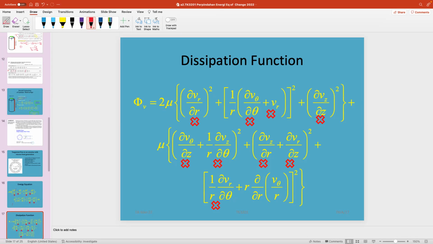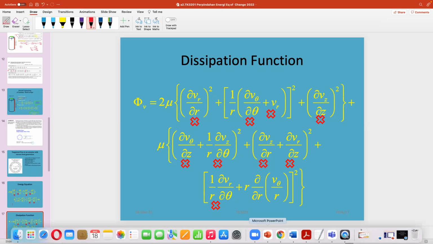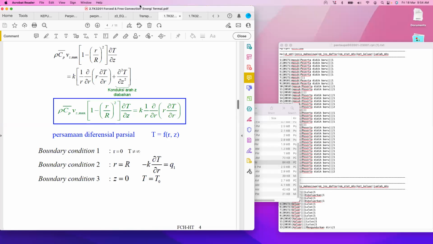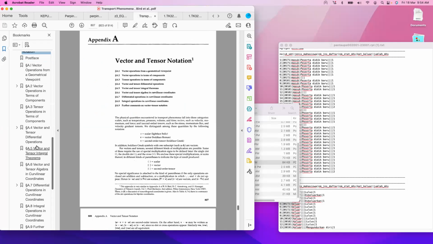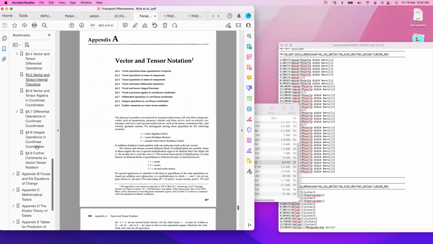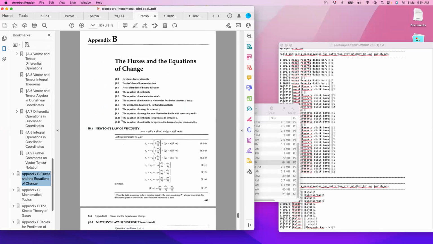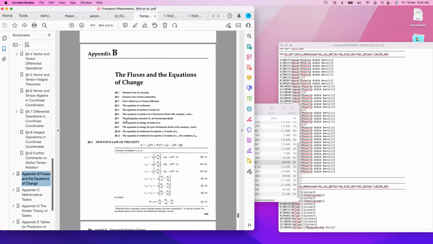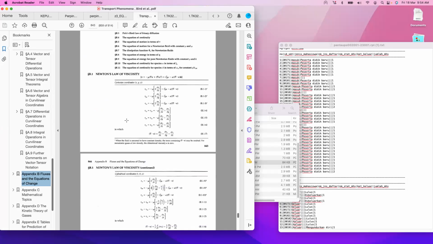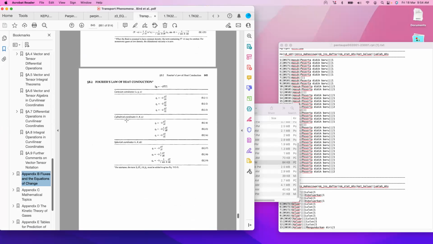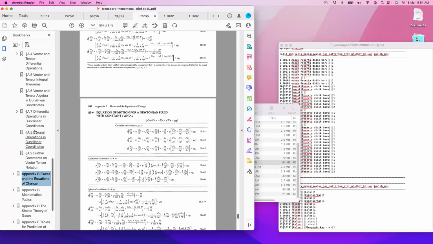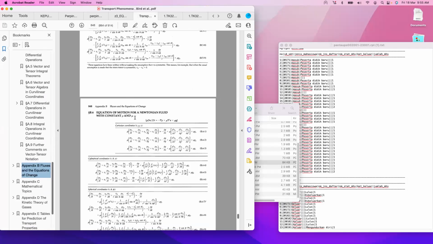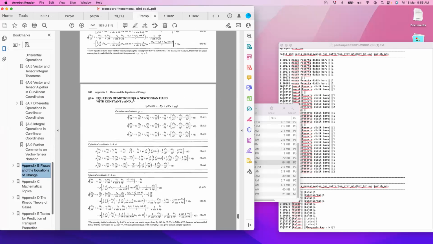But actually, if you want to add the dissipation function in appendix A, let's have a look at appendix A. Wait, dissipation.